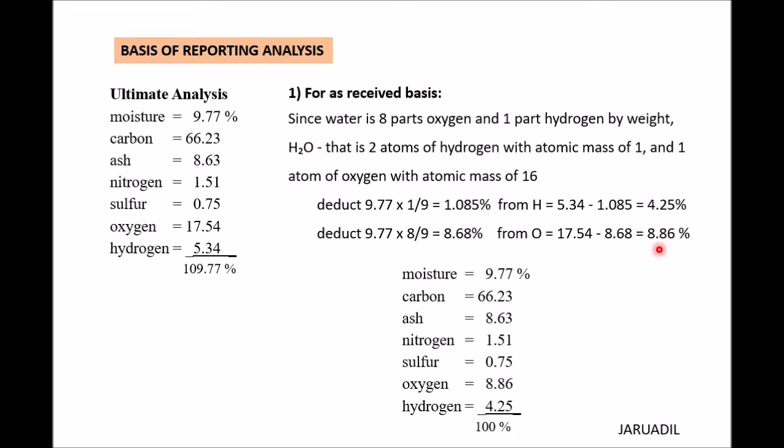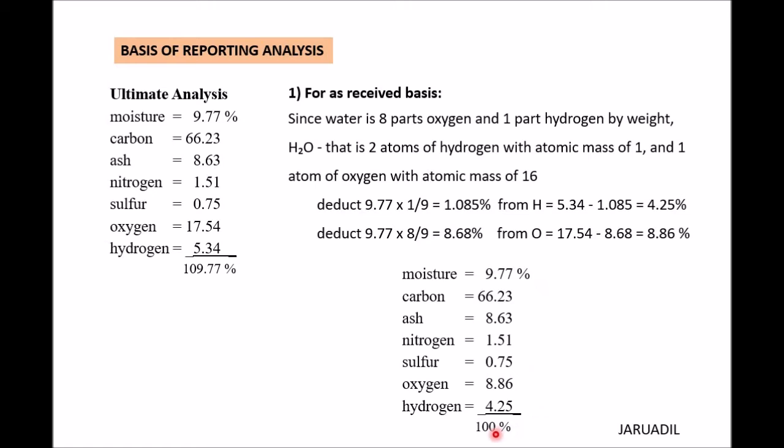So what does it mean? Ang ibig sabihin nito, yung oxygen natin dito sa as received basis is 8.86% lang, kasi yung iba ay nandun sa moisture. Pero kung i-total mo yung oxygen na nakahiwalay at yung oxygen na nasa moisture, it should be 17.54%. So this is now your as received basis.